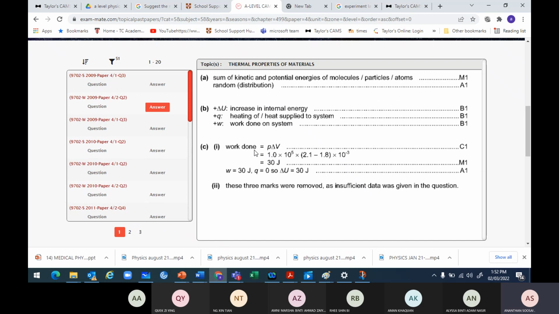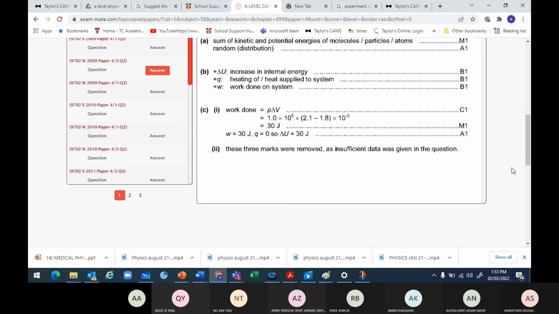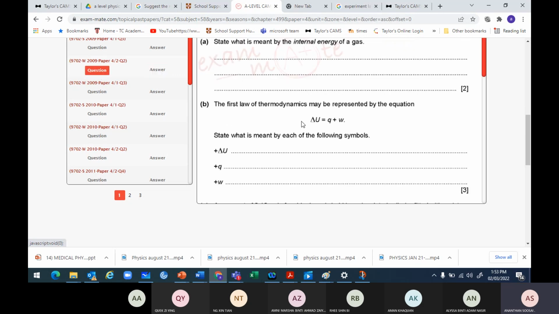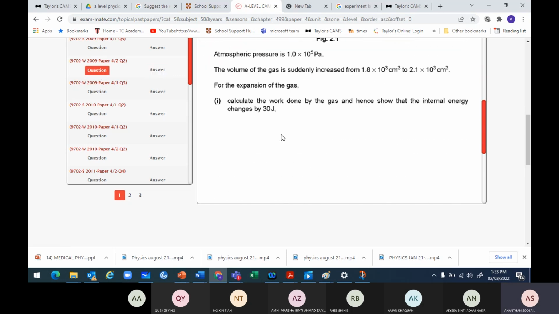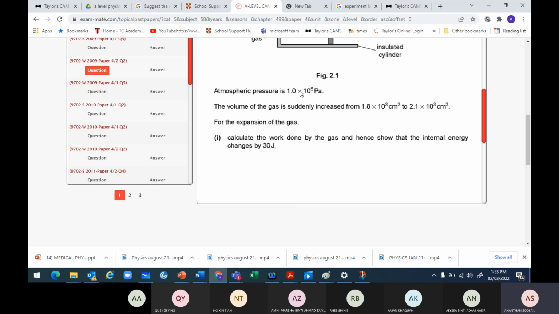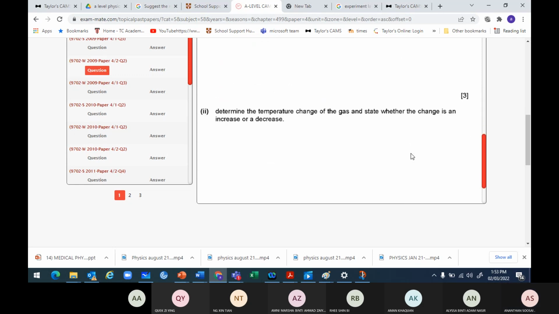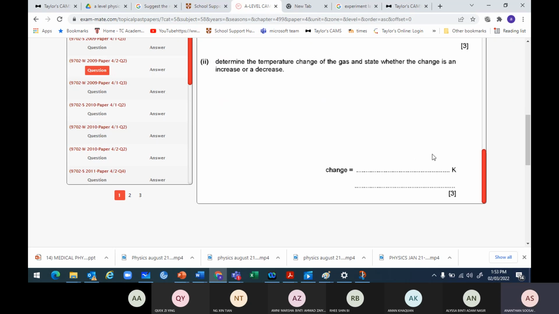Or you can use P times the change in volume, the work done. They say there is insufficient data. P times V can give you the final temperature. P times V can give you the initial temperature. So you can work out the change in temperature.